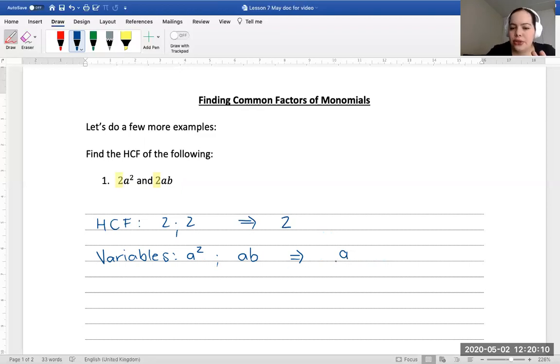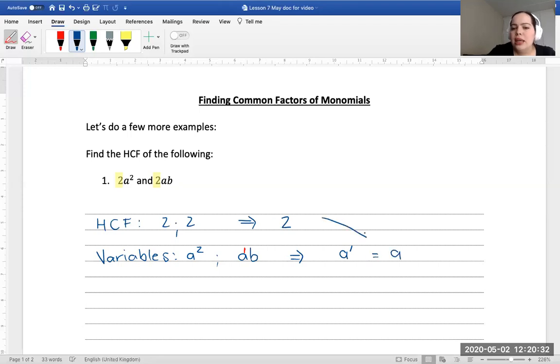All right, now the third step was to say, well, let's assign the lowest exponent. Well, if we remember correctly, the exponent here is actually a 1. So even though it doesn't actually have a number, we know it's a 1. So what's lower, 1 or 2? Well, obviously 1. So we can either write that there, or we can just leave it as a.